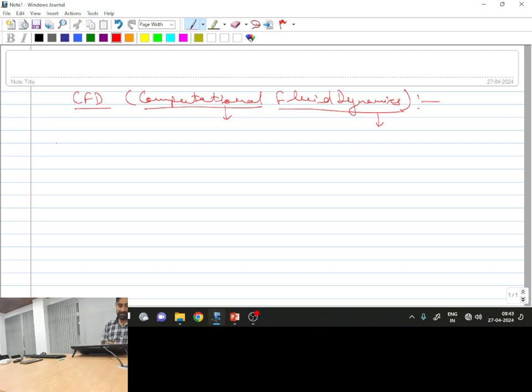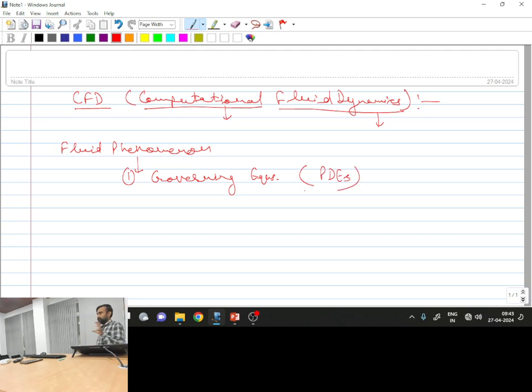So it means if we are considering the study of any fluid phenomenon, then the very first thing we need to do is define the governing equations. Okay, and we know that these governing equations are in the form of partial differential equations. Okay, that is the first point.